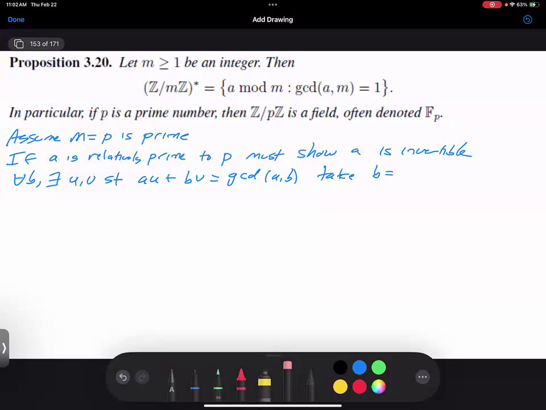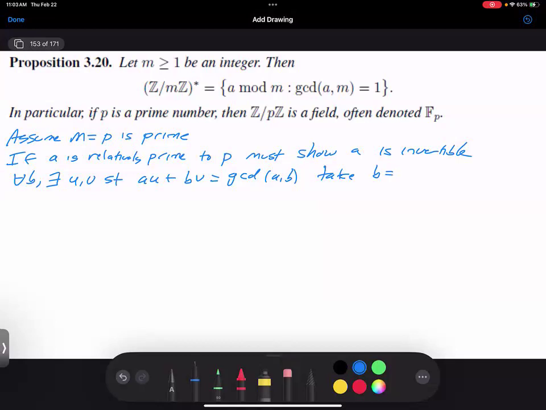P, right? That's one of the quantities in play. The other thing is we could take B to be A, because we know A is in play. We could take B to be 1, because there is the multiplicative unit. We could take B to be 0. No, we can't take B to be 0, so that's not in play. So really, there's not that many possibilities for B. Let's try B as the prime.